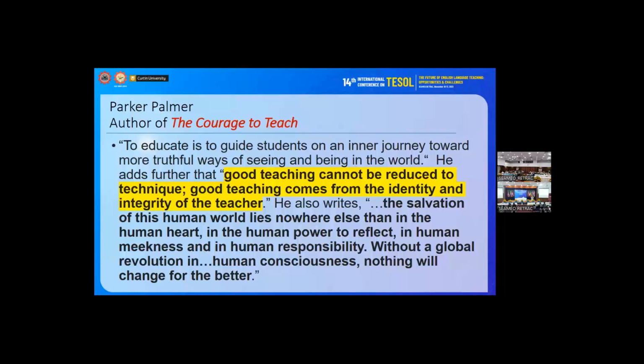Without a global revolution in human consciousness, nothing will change for the better. And he also goes on: as I teach, I project the condition of my soul onto my students, my subjects, and our being together.